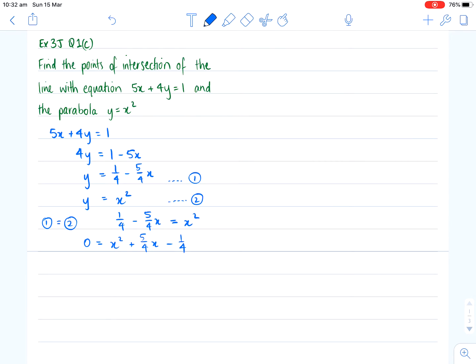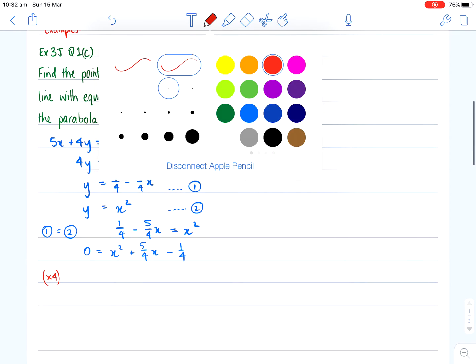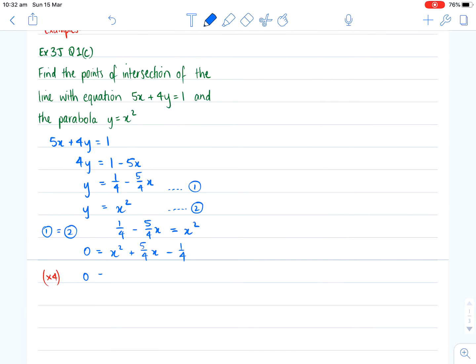Now if you want, we can start solving this equation with fractions. I don't really want to do that, so I'm going to times everything by 4. 0 times 4 is still 0, x squared times 4 is 4x squared, and then 5x - 1. So it just gets rid of those fractions. It's a neat little trick.